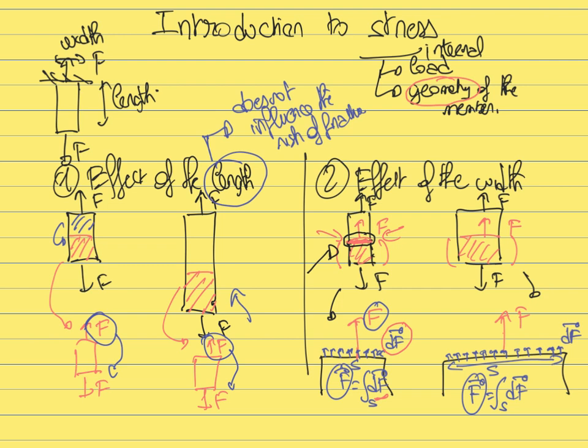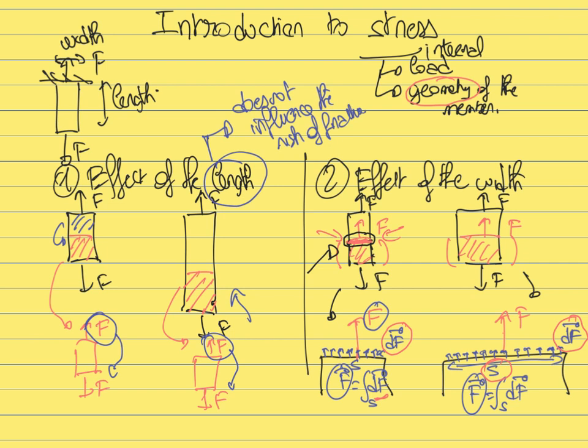Then, since the surface over which the force is transmitted by the top to the bottom is not the same between the left and the right, and since the total resultant force is the same, and the sum of the small forces over the entire surface is equal to F, then since the surface is larger on the right, necessarily the small force applied at each point of the surface will be smaller on the right.